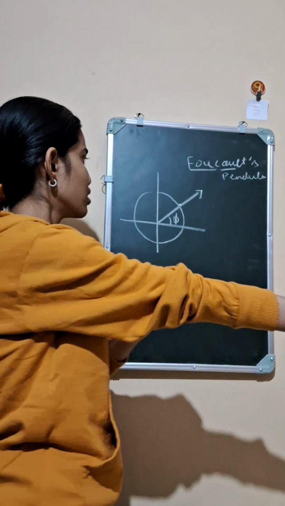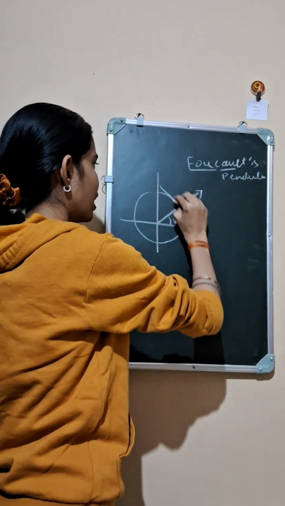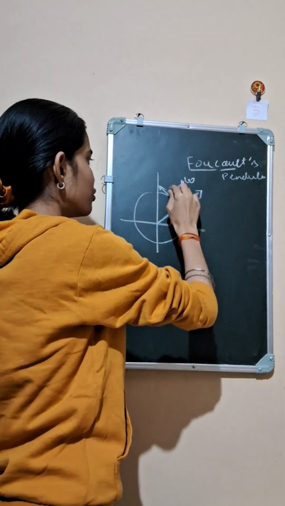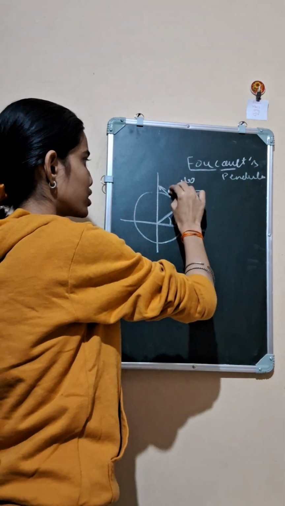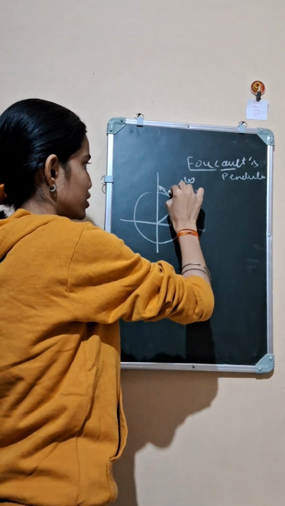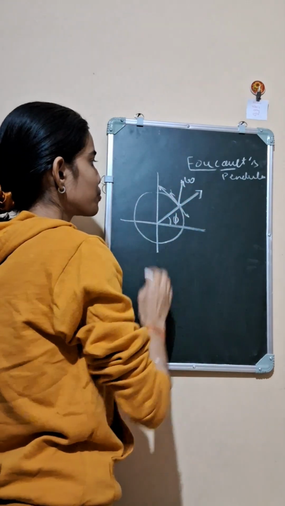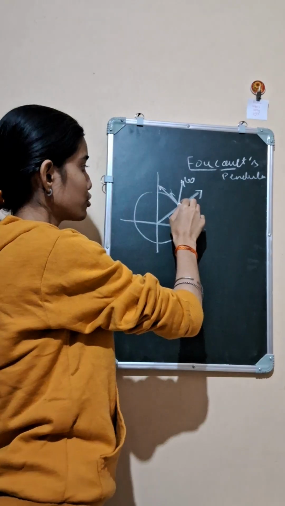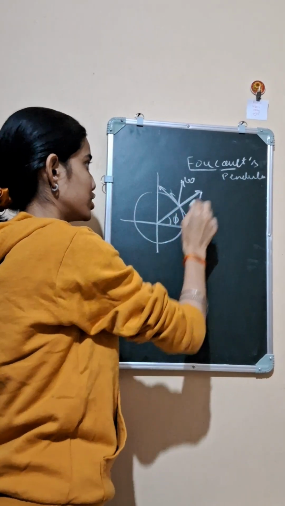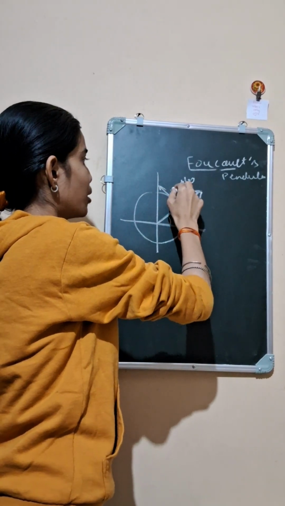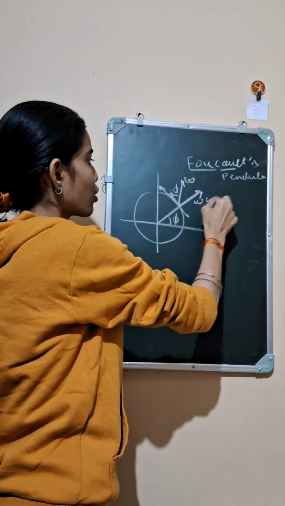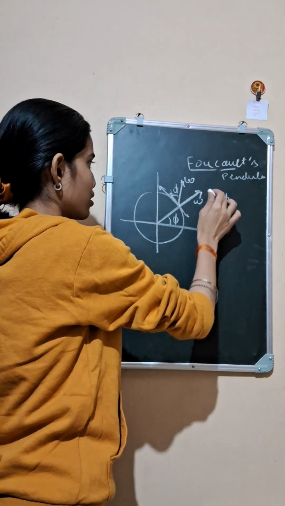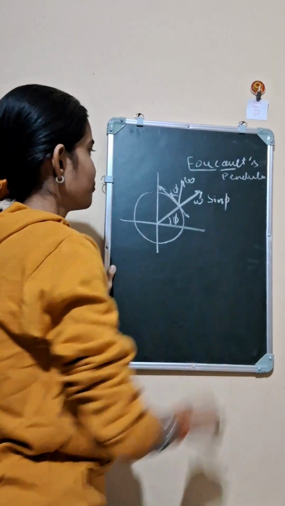As the pendulum will obviously rotate in a horizontal direction, the component of the angular velocity along the vertical direction will be omega sin phi.